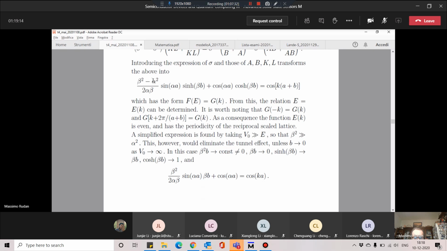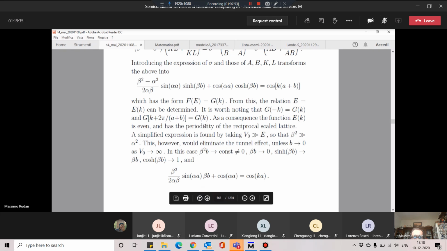We neglect it. So this parameter becomes beta squared over 2 alpha beta. For the moment we don't cancel beta squared and beta, we leave them.